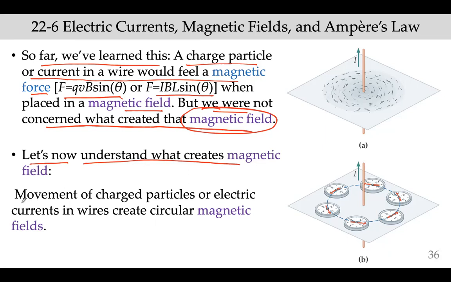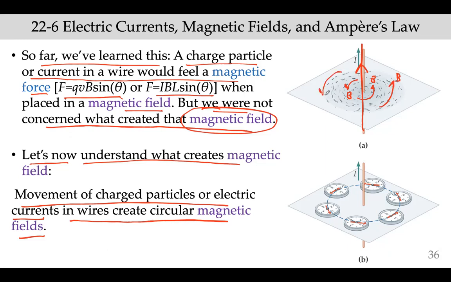Well, here's the answer. Movement of charged particles or electric currents, which is the same thing, in wires, they create circular magnetic fields. So if you have a wire like this, and you run a current, then this current will create magnetic field lines around it. So these are the magnetic field lines, like this.